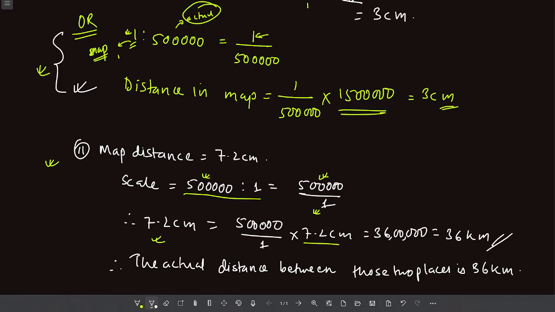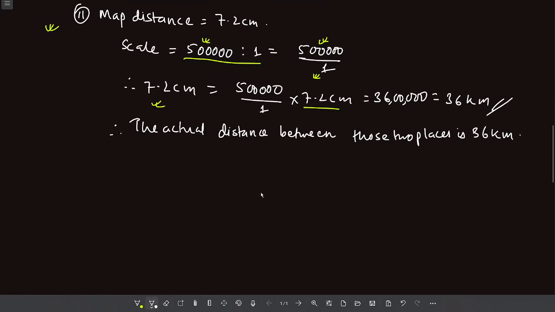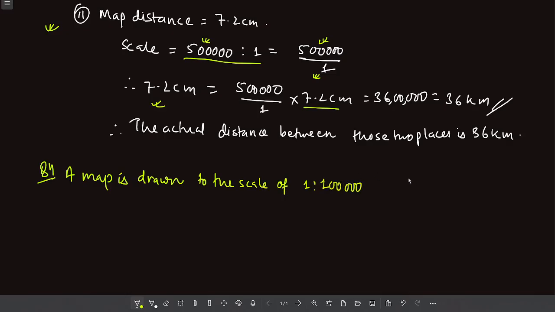Okay, the question is, a map is drawn to the scale of 1 is to 1 lakhs, and the distance represented by map is 5 centimeter.